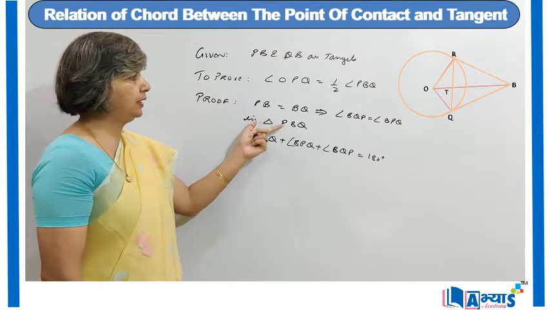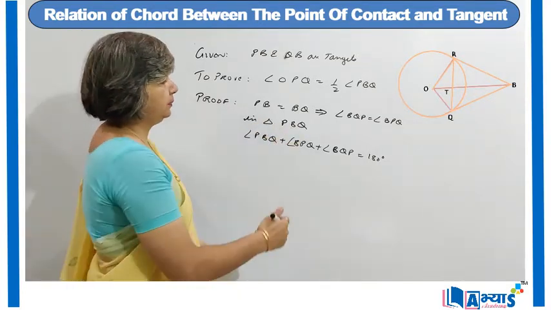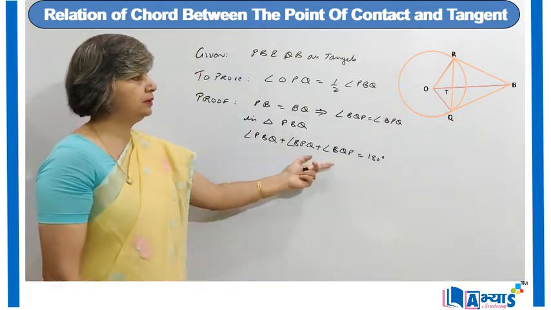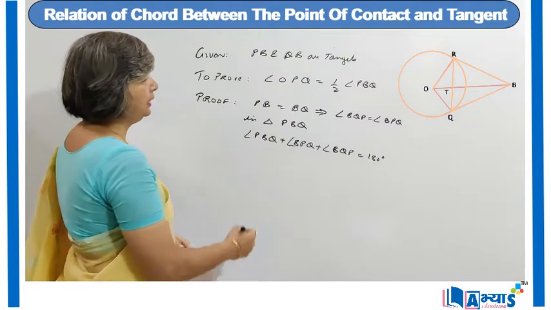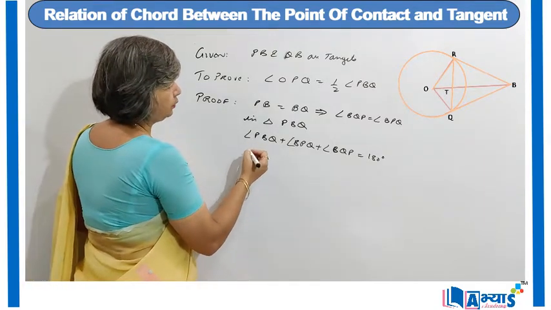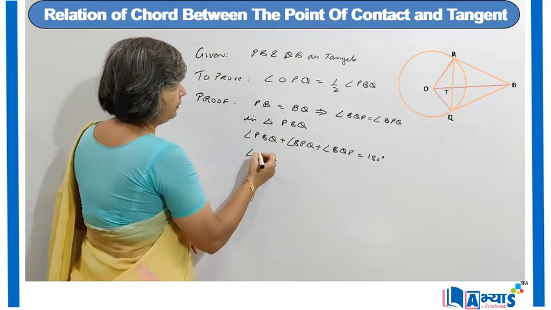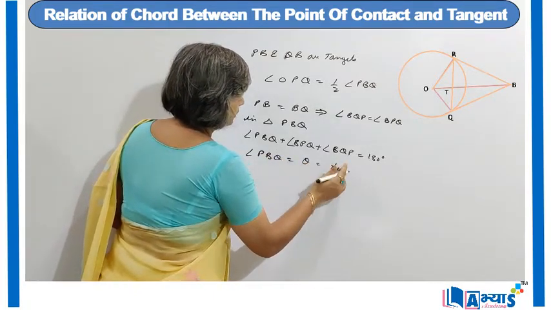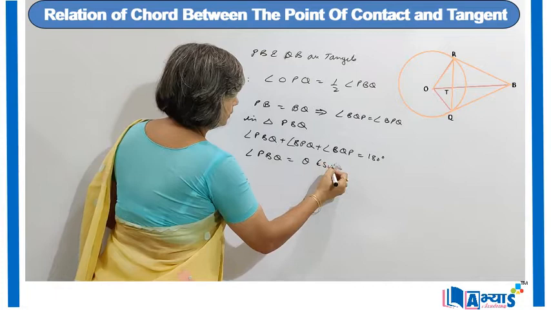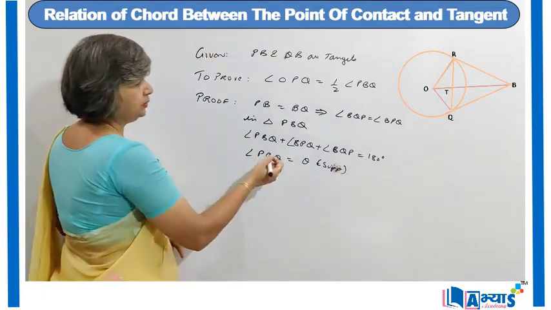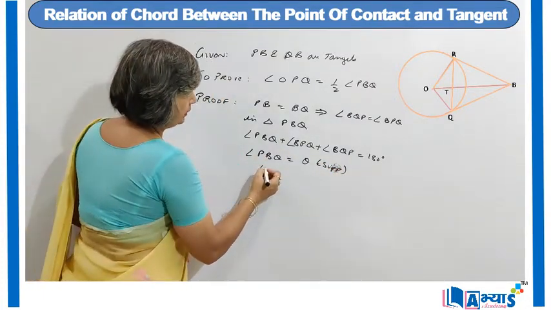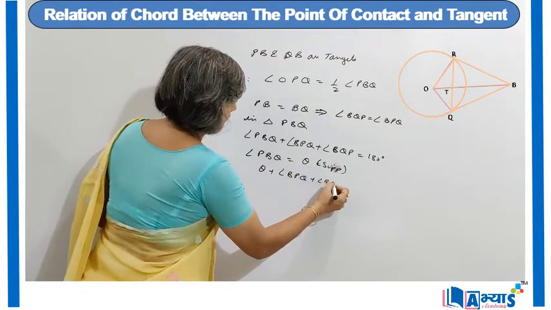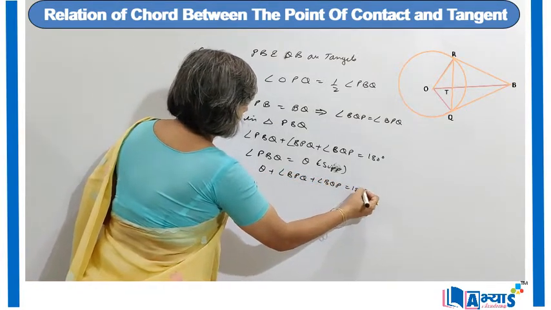And now in triangle PBQ, from the angle sum property we know that the sum will be equal to 180 degrees. Let us suppose the angle between the two tangents be theta. So angle PBQ is equal to theta. So theta plus angle BPQ plus angle BQP will be equal to 180 degrees.